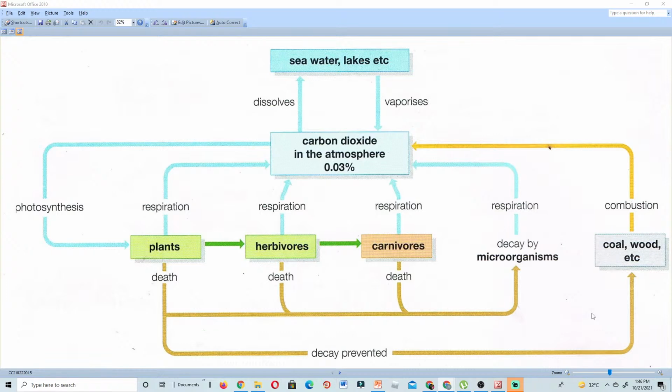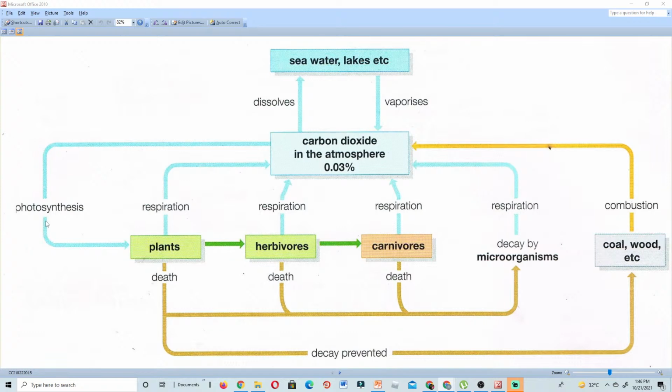So looking at this cycle, you should be able to tell me how carbon dioxide is given off to the atmosphere. You have respiration by plants, herbivores, carnivores, and microorganisms, and then of course combustion. So basically, carbon dioxide is given off to the atmosphere by respiration and combustion. Those are the two main ways.